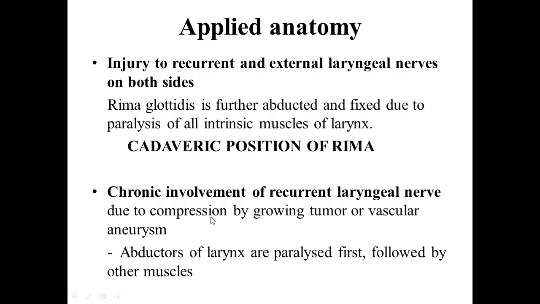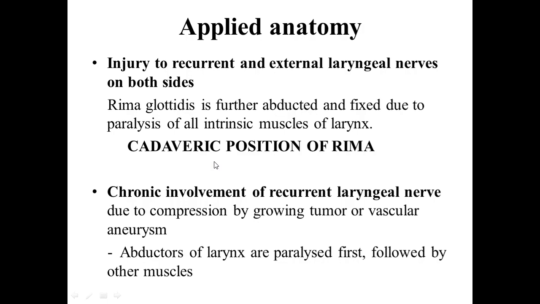Now, injury to recurrent laryngeal nerve as well as external laryngeal nerve, that means the motor nerves. So, injury to the motor nerves on both sides, then the rima glottidis is further abducted and fixed due to the paralysis of all intrinsic muscles of the larynx, and that is called as cadaveric position of rima.